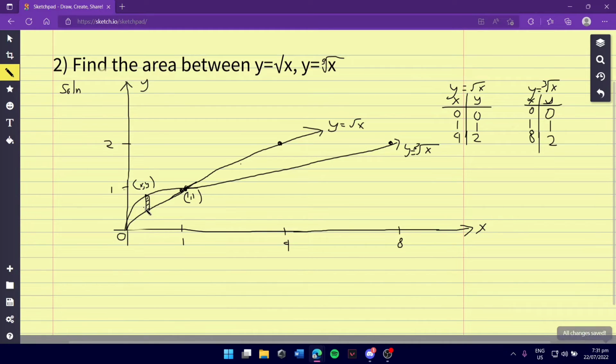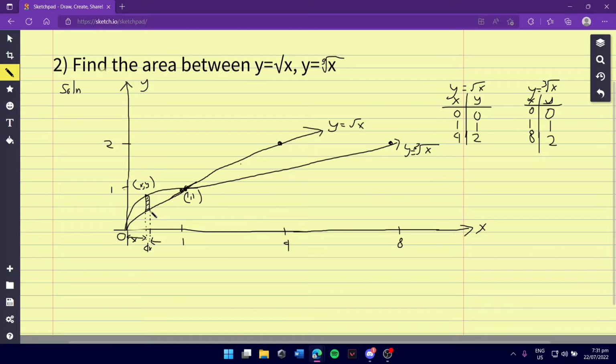So here in our vertical strip, the distance from the origin to your vertical strip is called your x, right? And then the thickness of your vertical strip is called your dx, since it is in the x axis.